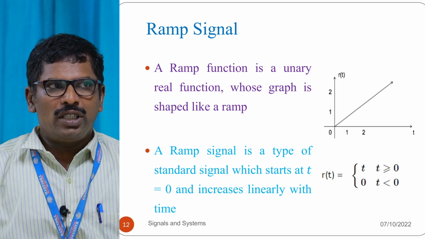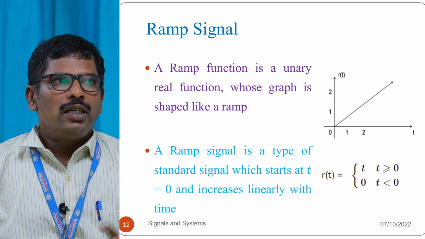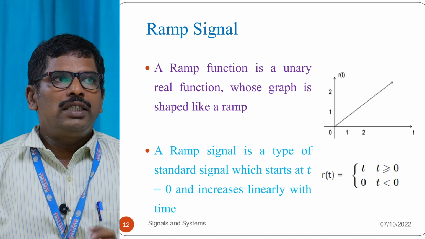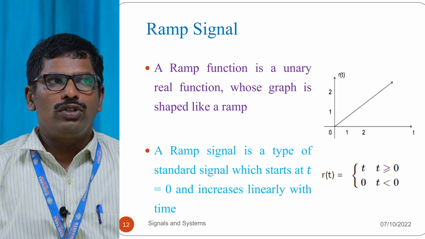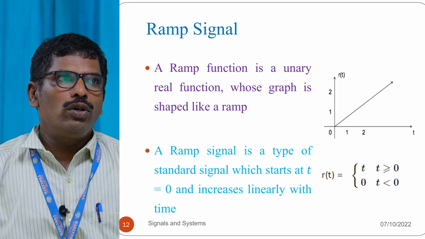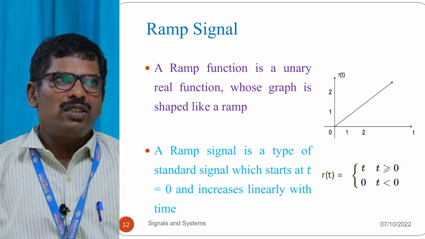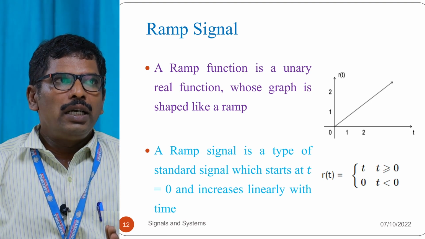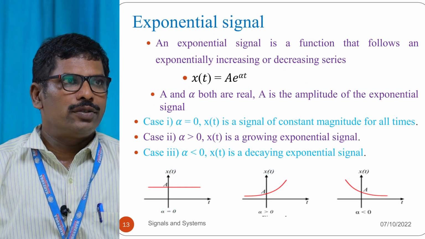It is represented as r of t, a function of t that is defined for t greater than or equal to 0, and it is 0 below 0, on the left-hand side. It is similar to a linear increase in the value. That's all. This is called a ramp.